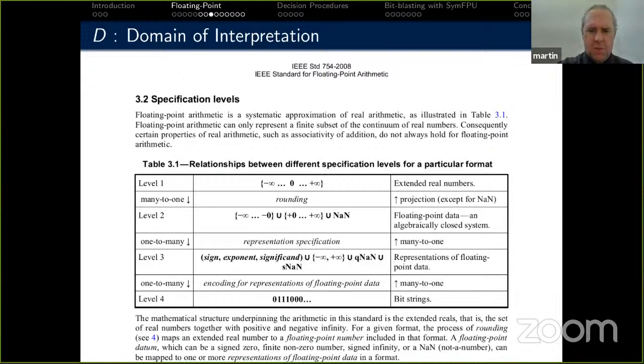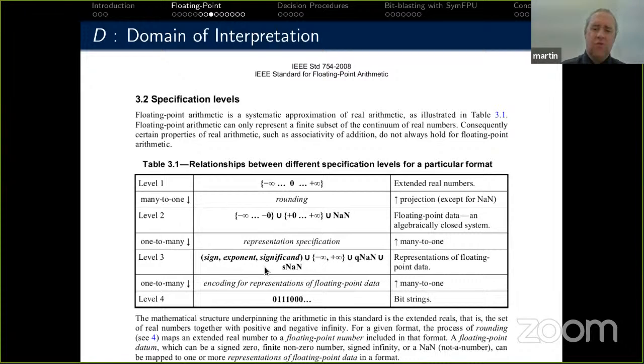So it has a concept of extended reals and a concept of extended reals plus not a number. And again, this is where you need that to make it algebraically closed, because otherwise what's infinity minus infinity?